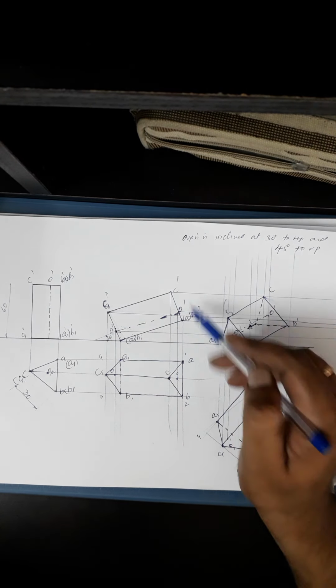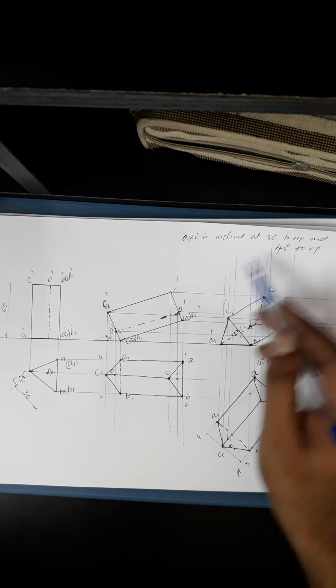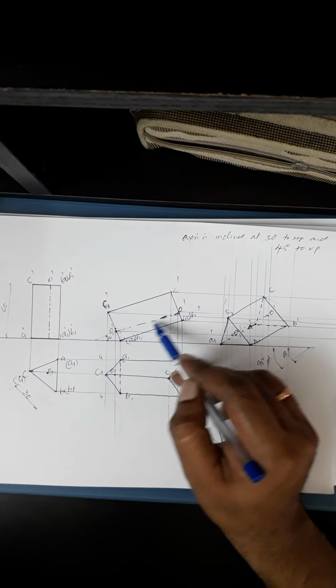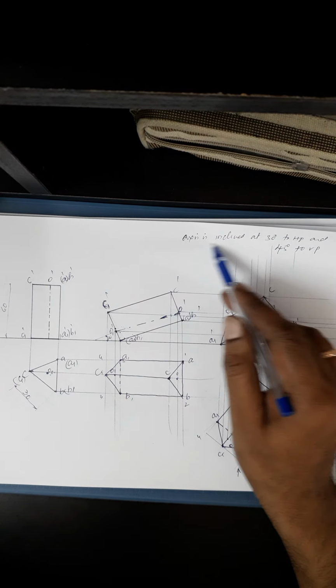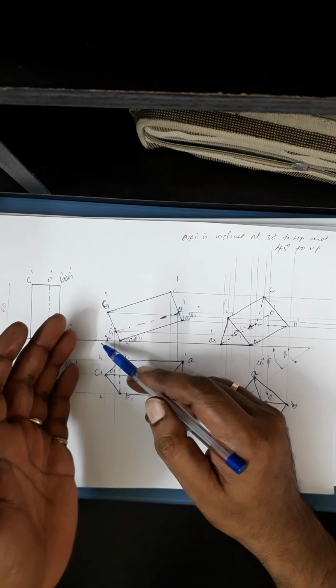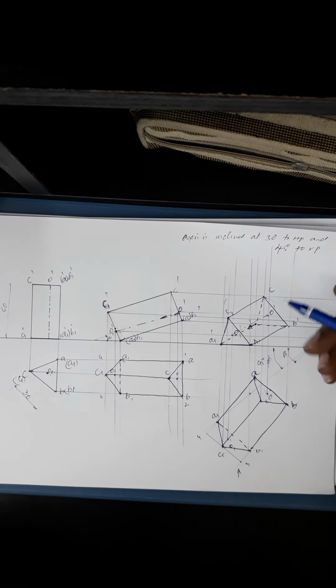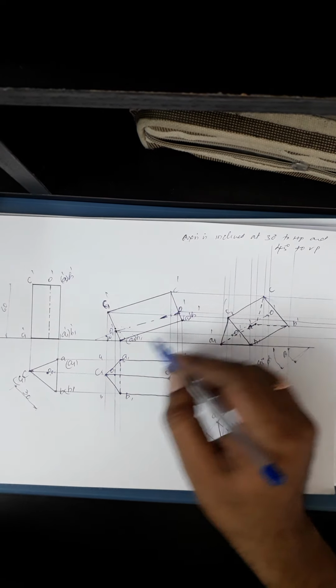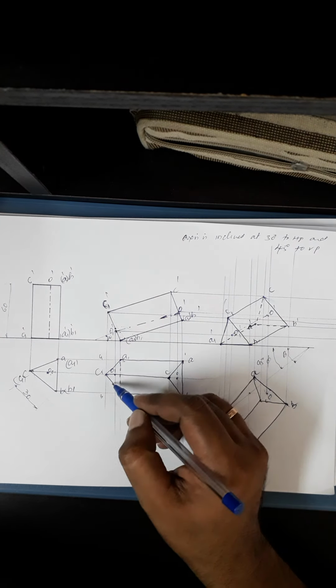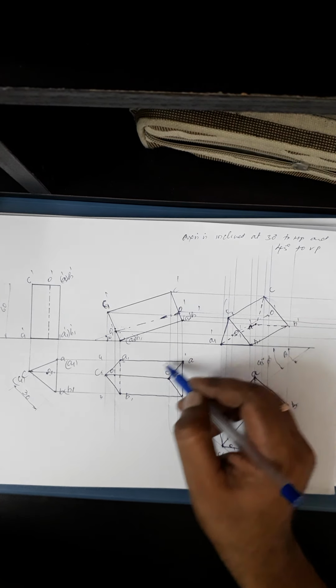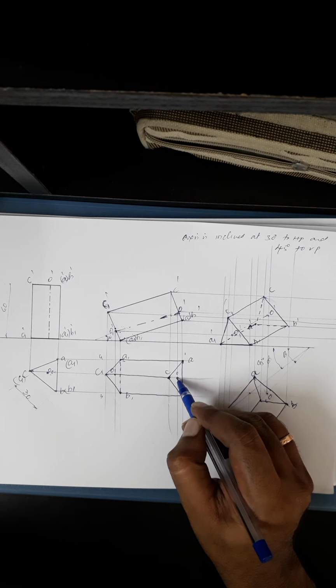The same view again, because if the base is inclined at 60 degrees, the axis will be inclined at 30 degrees. So instead of giving axis inclined at 30 degrees to HP, you can give the base inclined at 60 degrees to HP. The same view will be drawn, and when you project this, you'll see that the projected length will become the apparent length here.